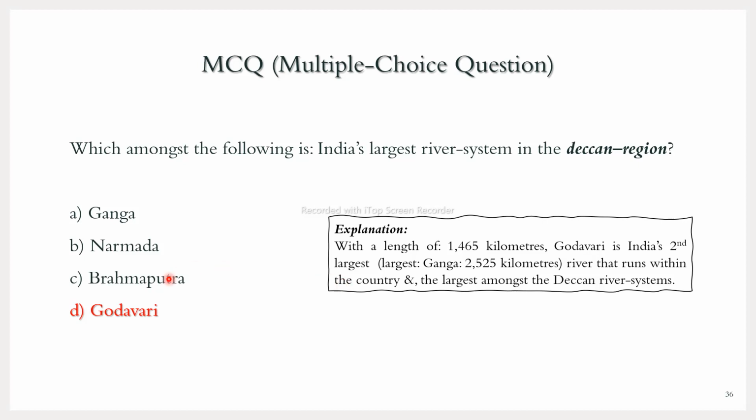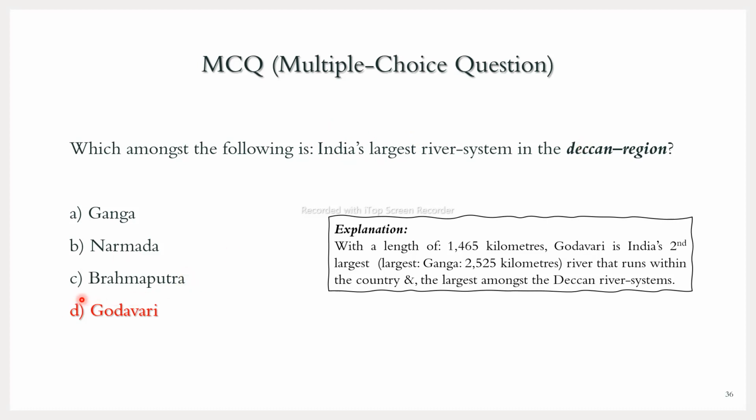And here is an interesting fact. Brahmaputra is the largest river among all the four. Brahmaputra has got a length of 2900 kilometers, but the Brahmaputra is not a single-country river. Here it is mentioned as India's largest river system.